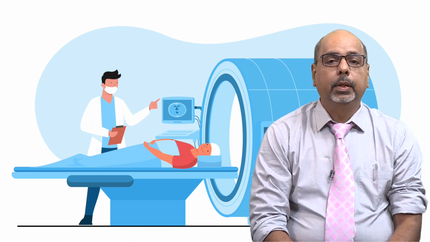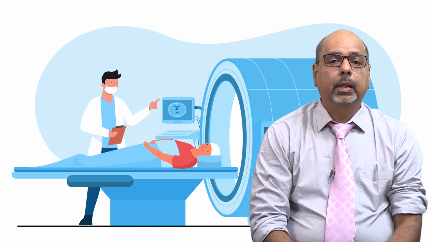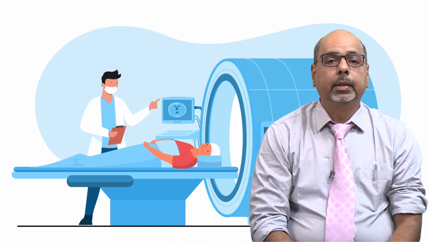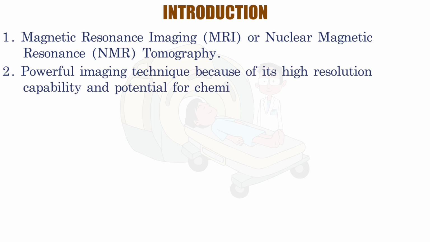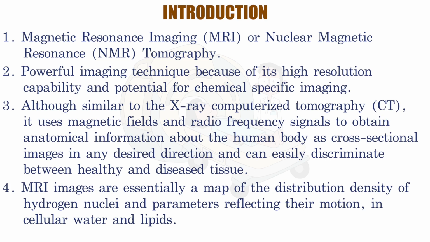Now we are going to see the brief introduction of the MRI imaging system. Magnetic resonance imaging, in short MRI, or nuclear magnetic resonance, in short NMR, is a powerful imaging technique in the medical field because of its high resolution capability and potential for chemical specific imaging.